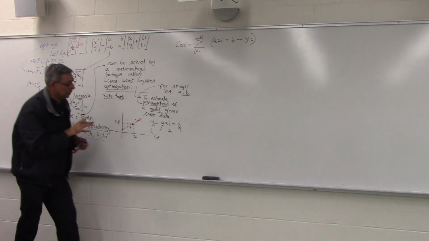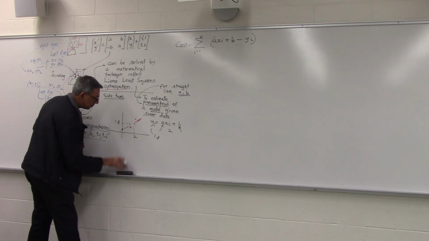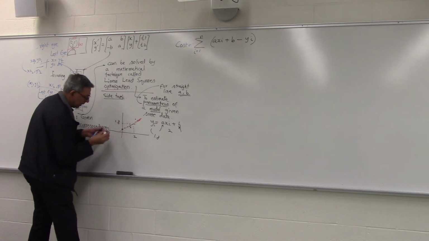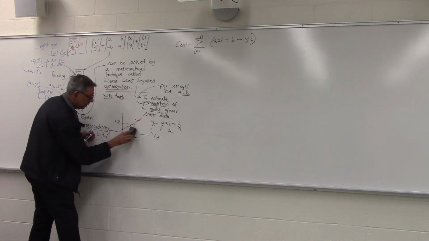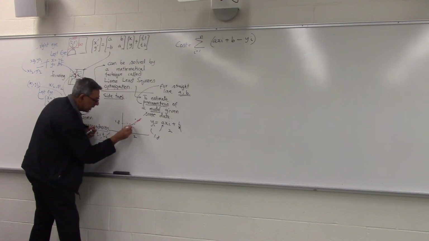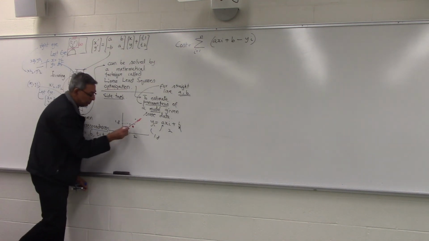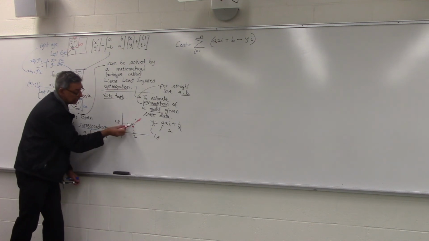Again, to explain this, let's take a look at one data point. This is the actual data that's given to us. Suppose at x equal to 2, the data point that was given to us is not exactly on the line.